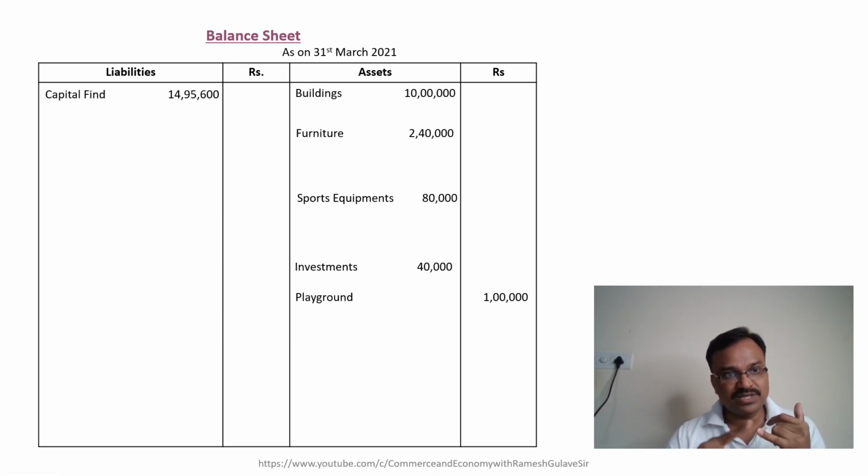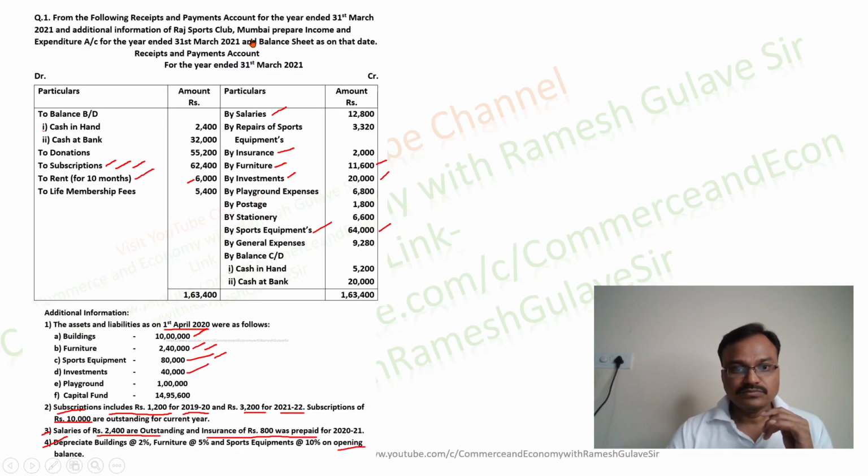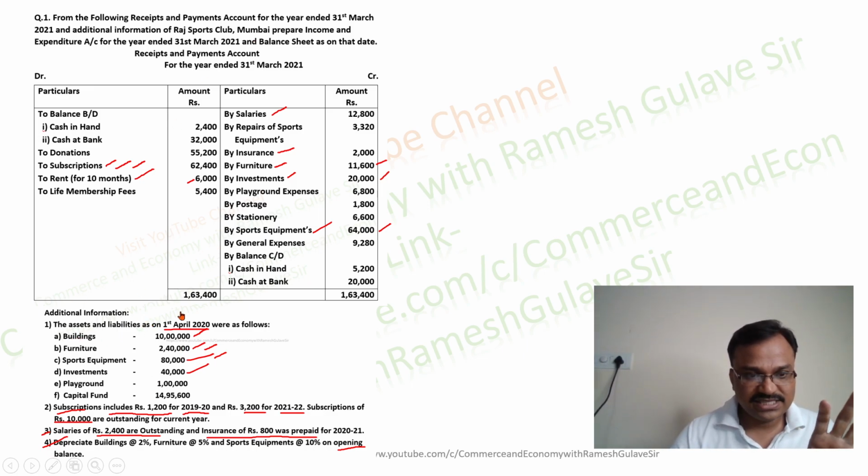If there is surplus, we have to add it in capital fund. If there is deficit, we have to subtract it from the capital fund, right? Okay. Next, see friends, here we have recorded all assets and liabilities, or opening balance of assets and liabilities, right?